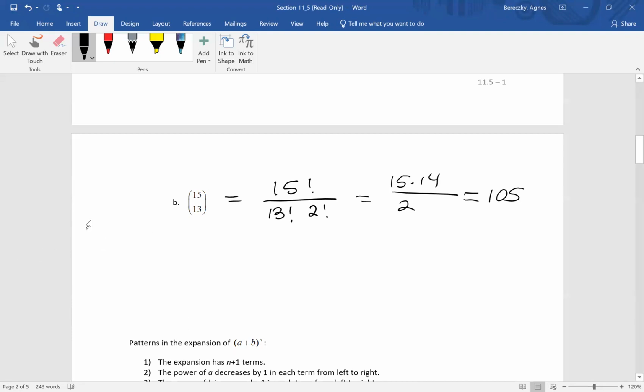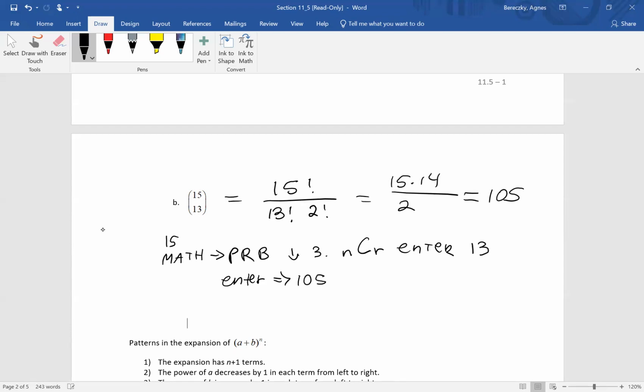With the same technique, you can use the calculator: plug in 15, then the math button, move down to probability, then move down to number 3 where you see the nCr symbol. Hit enter, put the number 13 in, and hit enter, and you will get 105 using your calculator also.